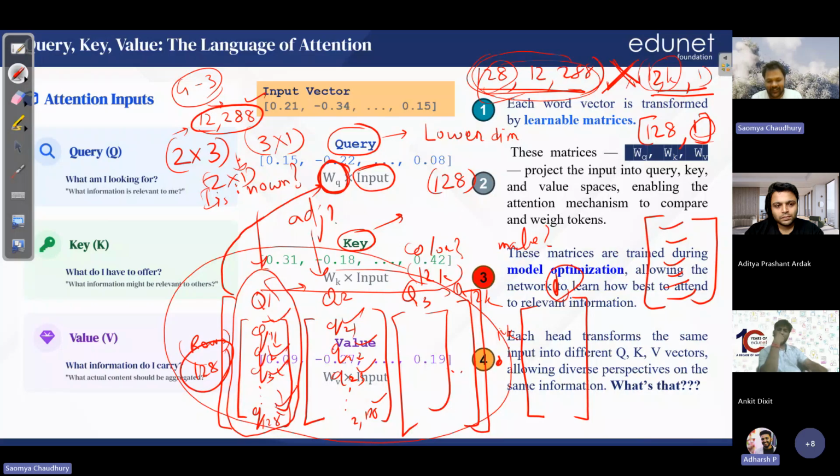You have different words, and every word has its embedding. For example, in the GPT-3 model, the embedding of each word has 12K dimensions, right, sir? So the query vector will have a final output of 12K, 12K columns will be there.